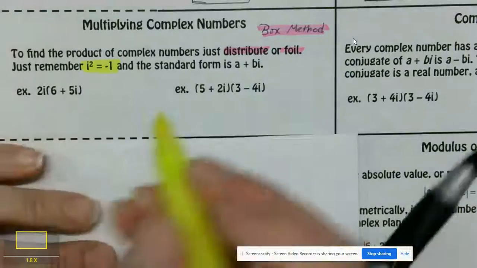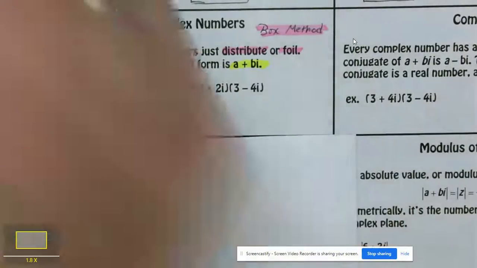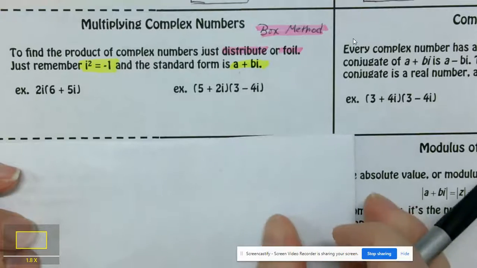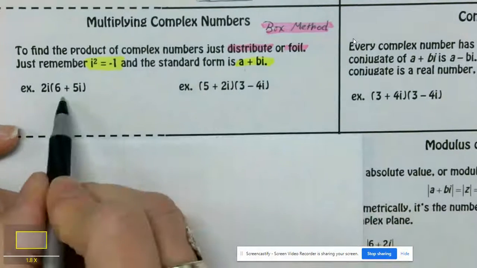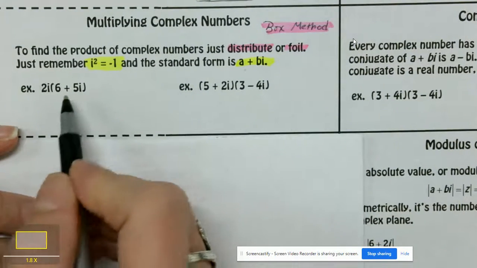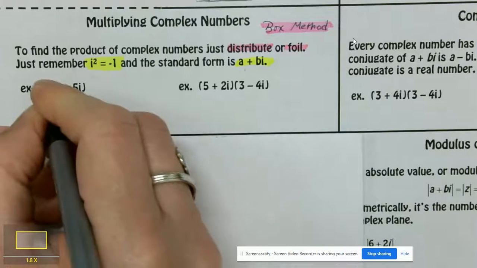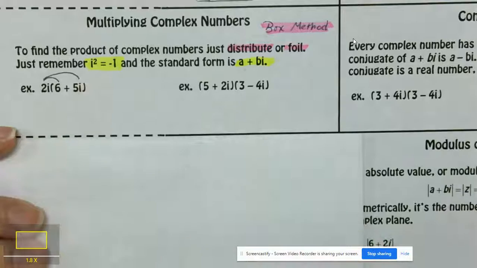So when you write your answer, you're going to have to write the real number part first and then the imaginary part, okay? So if we look at this first example here, I am going to distribute on this one like this, okay?